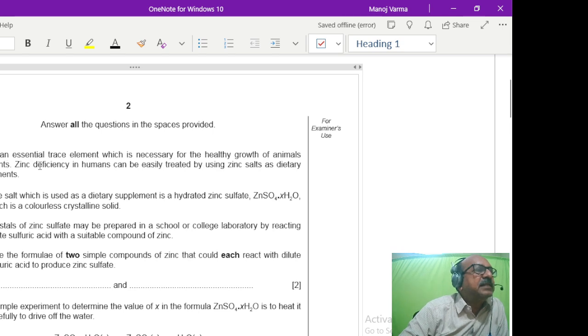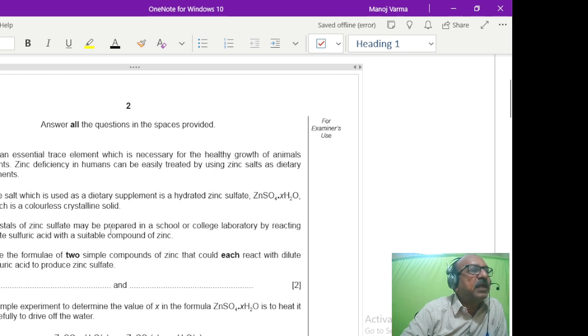So zinc is an essential trace element which is necessary for the healthy growth of animals and plants. Zinc deficiency in humans can be easily treated by using zinc salts as dietary supplements. One salt which is used as a dietary supplement is hydrated zinc sulfate, ZnSO4.XH2O, which is a colorless crystalline solid.